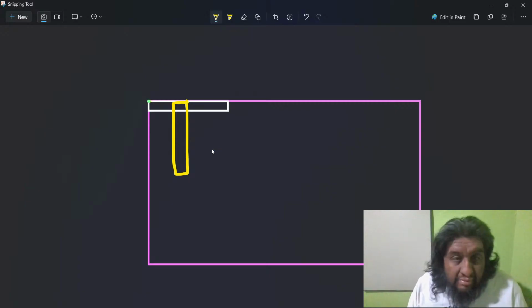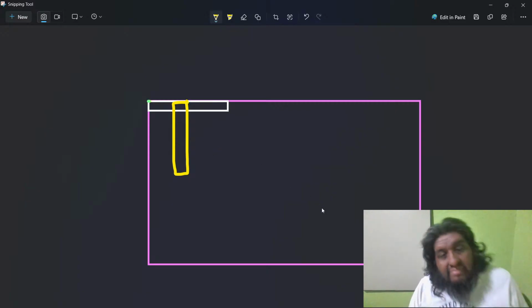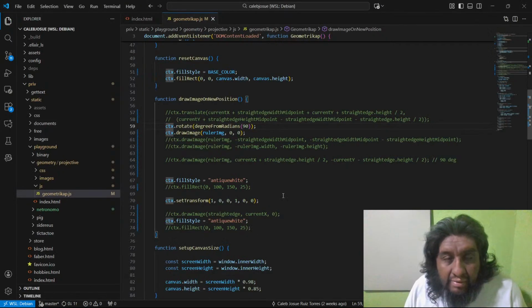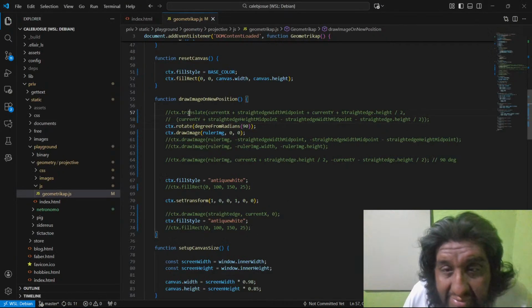Okay, we're going to put it at the middle, and we have the translation.